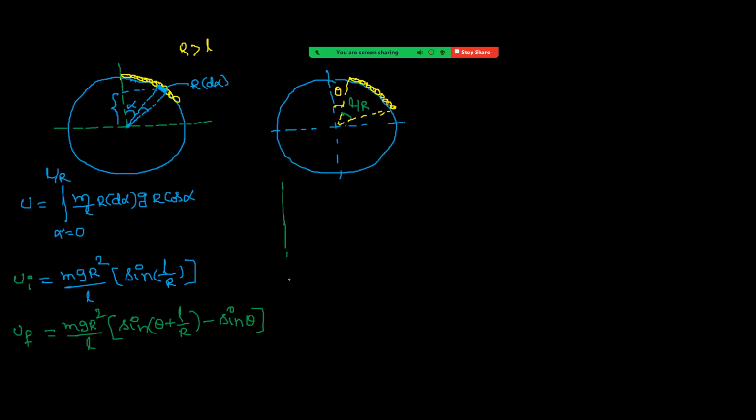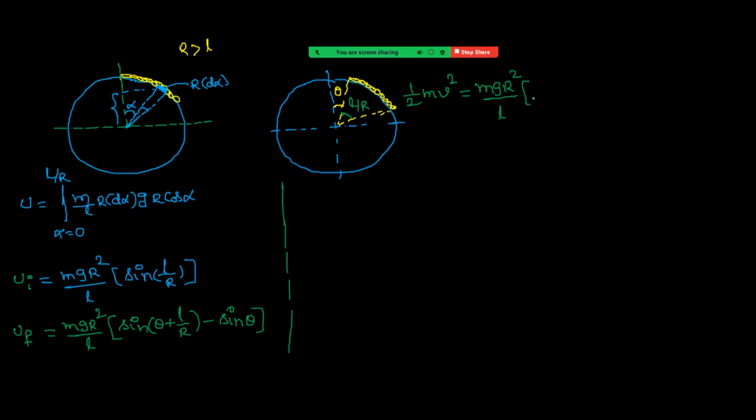Now see what we can write here. The kinetic energy initially is 0. Now it is equal to half m v square. This kinetic energy is equal to the initial value minus the final value. So I can take m g r square upon L outside.